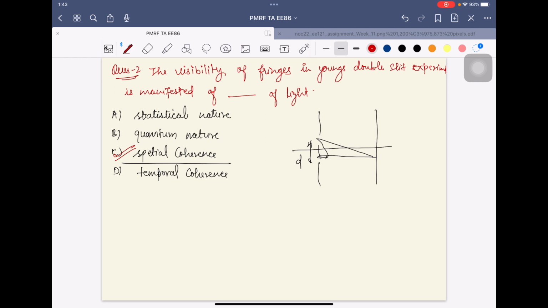The visibility of fringes cannot be explained by the statistical nature, and it does not manifest as the quantum nature of light. Temporal coherence is also not valid, and there is no need for statistical nature to describe Young's double slit experiment. So we can eliminate these three options, and the correct answer is spatial coherence.